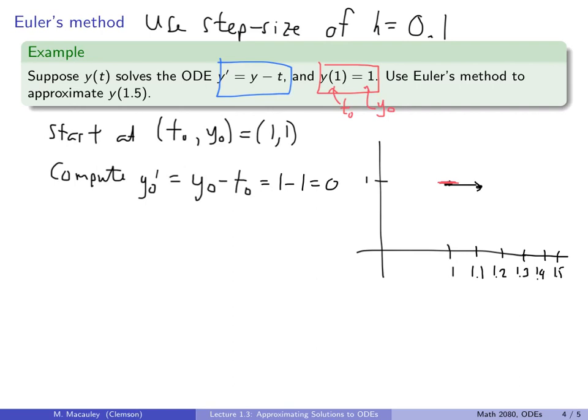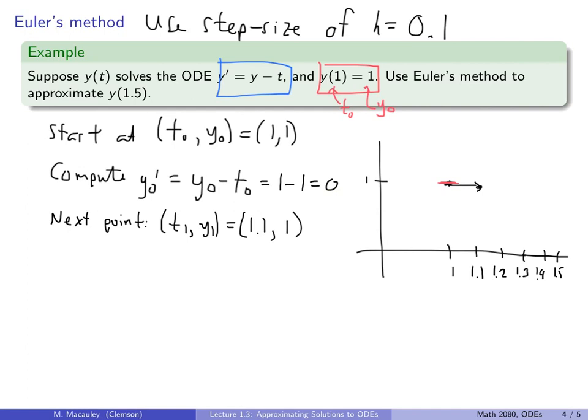So the next checkpoint, let's call this t1, y1. What are the coordinates of this point? It's pretty easy to see from this picture that the t coordinate is 1.1 and the y coordinate is 1. Now in general this may be a little more complicated if our slope isn't just 0, so I'll show you how to do this in a second, but let's continue this example for now.